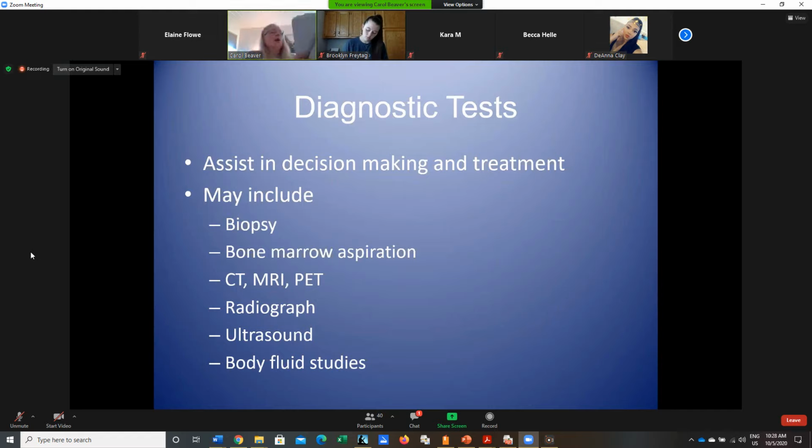And so I wanted to go a little bit further with our CT scan, the computerized tomography. It's a general assessment of locations of the mass and the involvement of the vessels or body organs. And you have to check to see if the patient is allergic to iodine that's used in contrast.